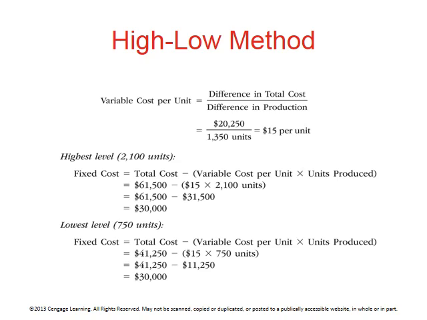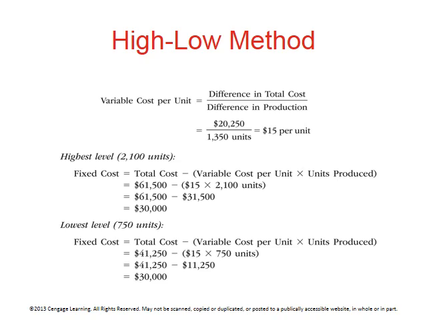Now if we want to calculate our fixed costs, we take our total costs, which we saw in the previous slide, and we want to break out our variable and fixed costs. We know our variable costs are $15 per unit. So our fixed cost would be total cost minus variable cost. We're just going to pick the 21,000 unit level.